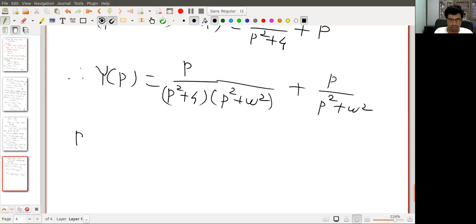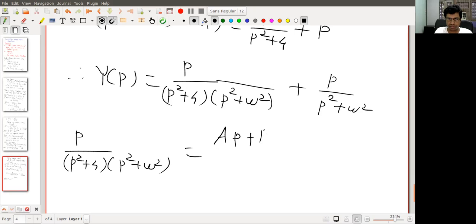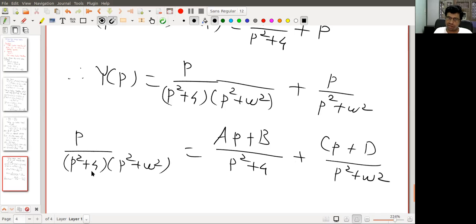That means p divided by p square plus 4 into p square plus omega square, we write as AP plus B divided by p square plus 4 plus CP plus D divided by p square plus omega square. Then we multiply this equation by p square plus 4 into p square plus omega square, and we take particular values of p and try to find the values of A, B, C, and D as usual.